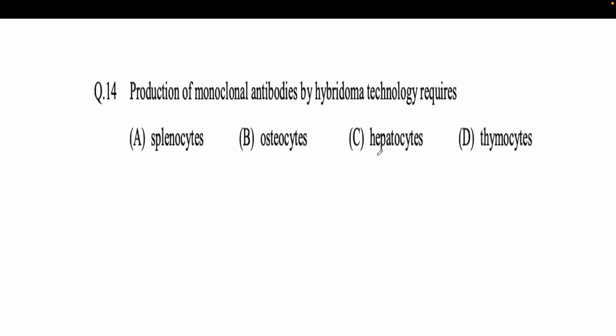The correct answer of this question will be splenocyte, right? Splenocytes are the cells present inside the spleen, osteocytes are present in the bone, hepatocytes are present in the liver, and thymocytes are present in the thymus. We generally isolate B cells from the splenocytes. So the correct answer of this question will be splenocyte.